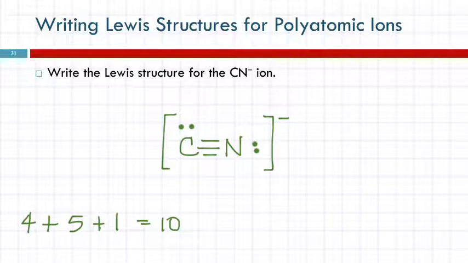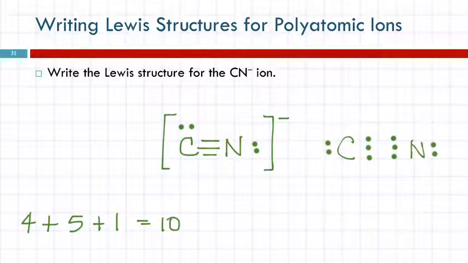Yes? So would it be wrong if we didn't put more labels on the dots instead? Do you mean if you drew it, let me see, if you drew it like this? I'm saying, would it be okay if you did it like that?